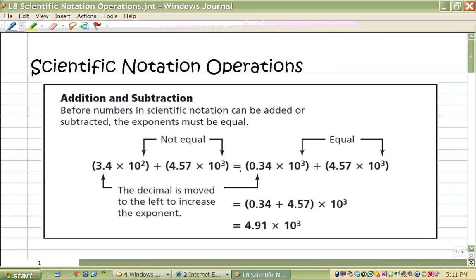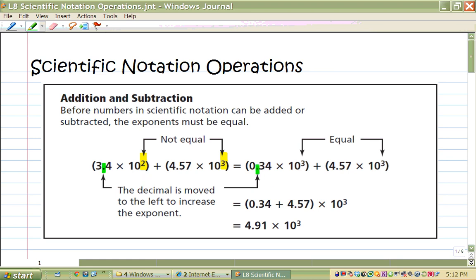So, what I want you to do is look at this sample problem here. When you're adding or subtracting numbers in scientific notation, your exponent, or your order of magnitude, needs to be the same. When you look at this, you see that these are not the same. So what you would do in order to make these the same is you could take the decimal here and move it.